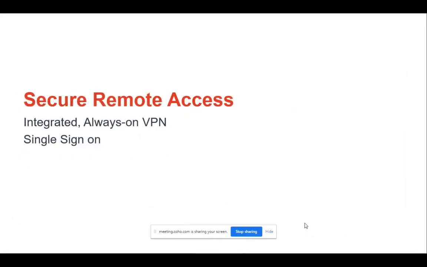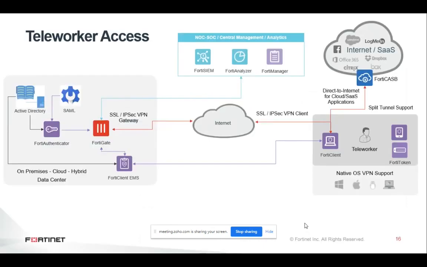The second one is secure remote access. Recently, as we went into the COVID-19 situation, many organizations have required their employees to work remotely to prevent the spread of coronavirus. FortiClient helps secure internal enterprise resources and includes both SSL and IPsec VPN clients that work in concert with FortiGate to allow access to corporate resources.